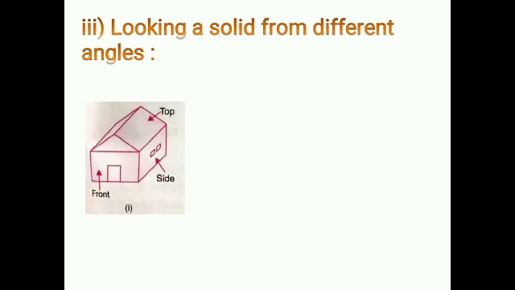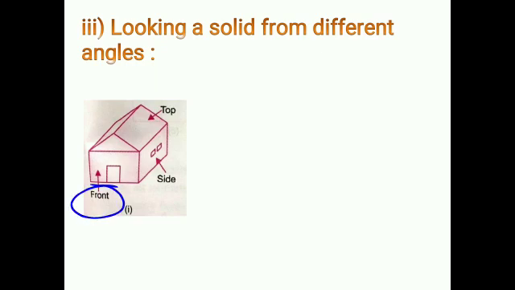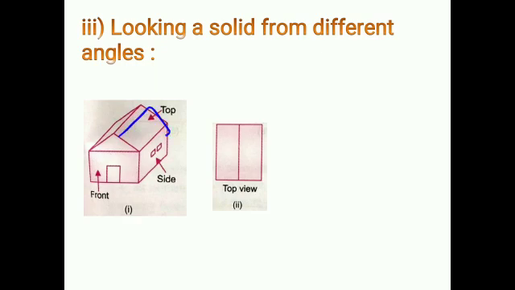For example, a house. For this house there are three views, correct? This one is the front view, this one is the side view, this one is the top view. See here, this one is the top view, one rectangle and another rectangle, so that's why this is called the top view.